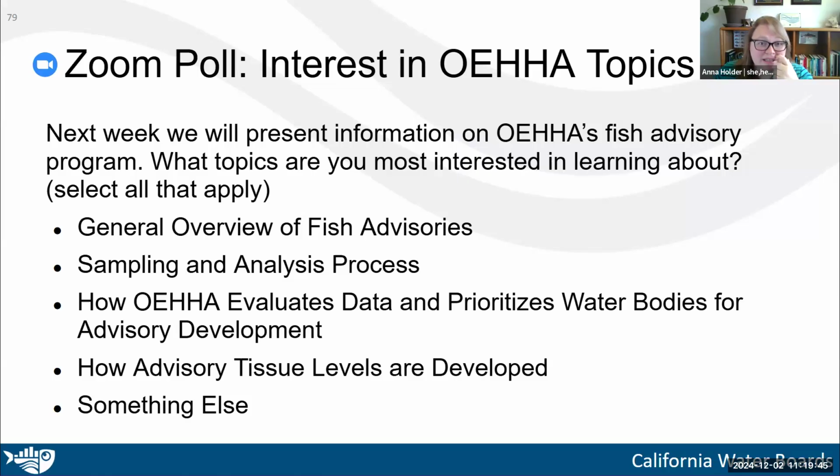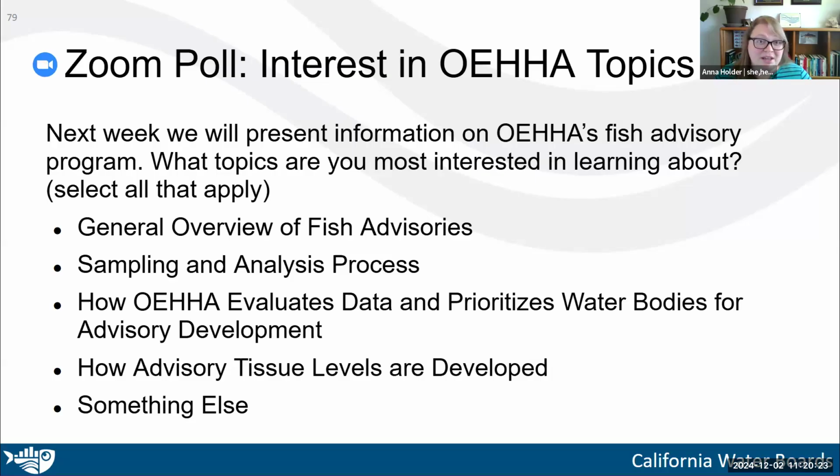I'll be sharing the poll responses with OEHA so they can get a sense of how they want to adjust their slides. So basically, are you looking for a general overview of OEHA and fish advisories in general? A refresher on how they use and collect data for their specific risk assessment analyses, and how they evaluate the data, how they decide what priorities are in terms of which advisories are developed first, and how advisory tissue levels are developed.